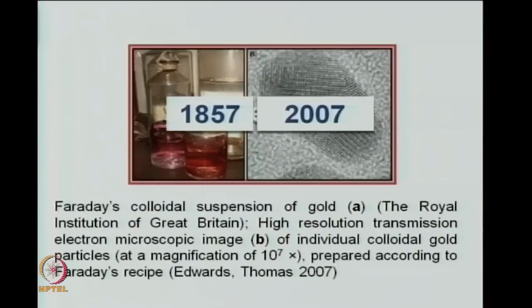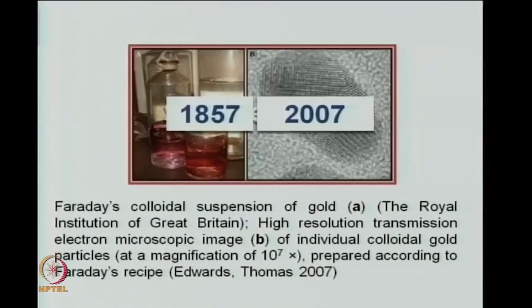As you can see in these chemical bottles, these are precisely those gold solutions which were made by Michael Faraday in 1857, and if you look at these particles under an electron microscope, then you will see the picture on the right hand side, which shows you clearly the pattern which one should observe for a gold particle, and you can be sure from the spacings between these lines that you observe that corresponds to gold.